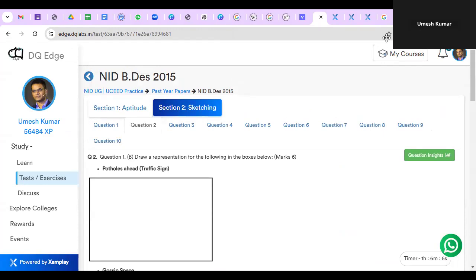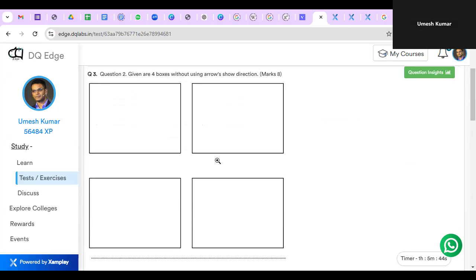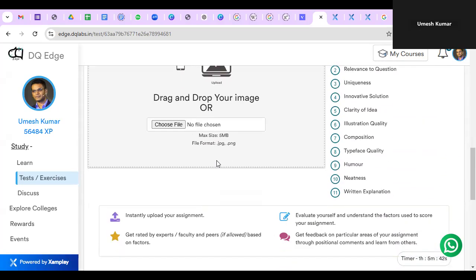So, given are 4 boxes, without using arrows, show direction. Wow. How do you show direction without using arrows?